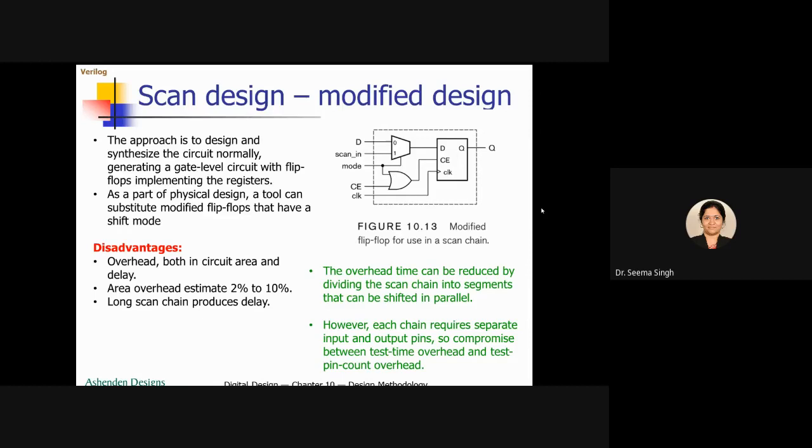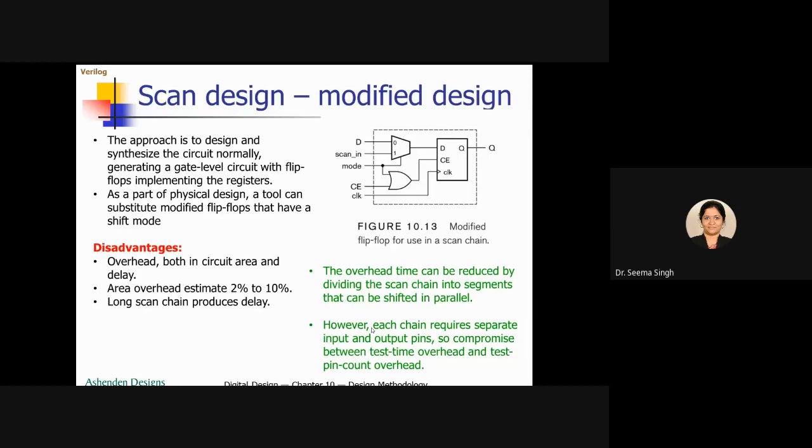So we have to make the design in such a way that it should not compromise on the speed of the circuit. Also, for each chain we have separate input and output pins, correct? So we have to compromise between how much extra time you can give for the testing, or how many extra interface input output pins you can dedicate for testing purposes.